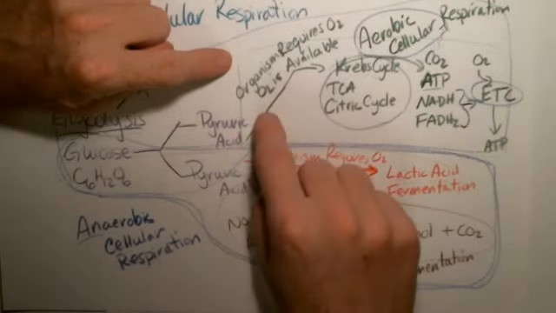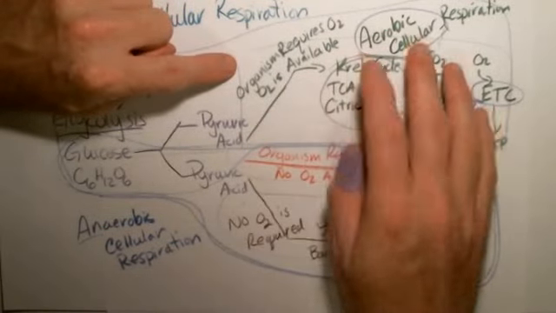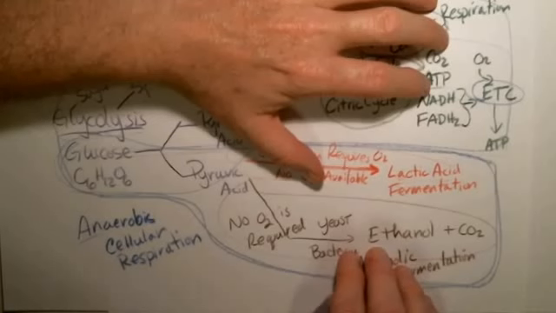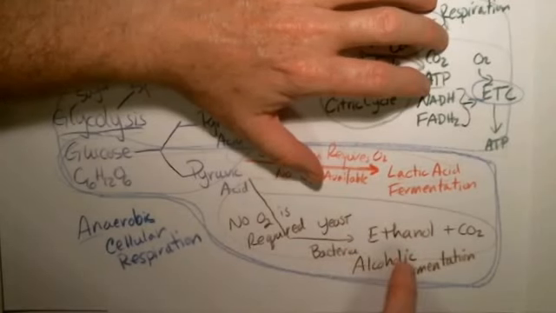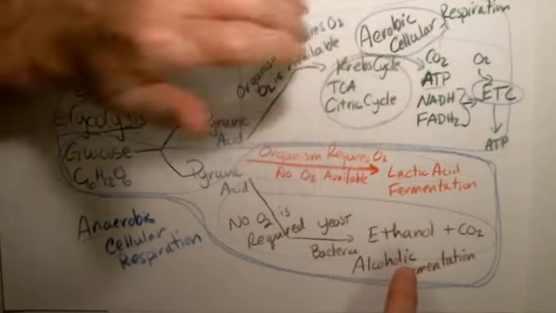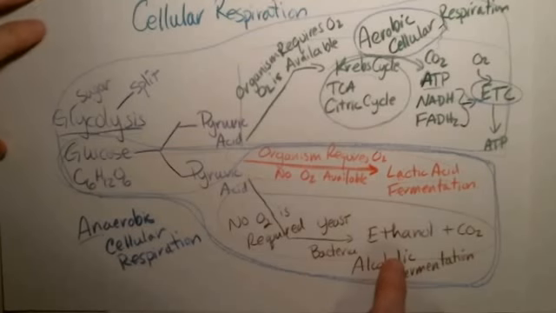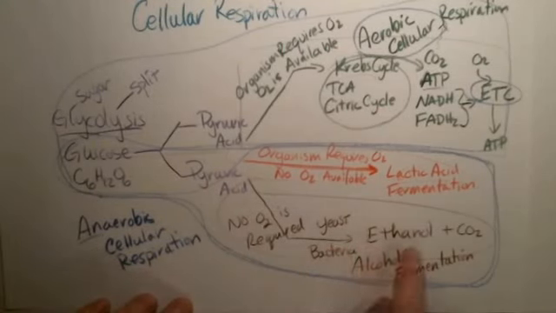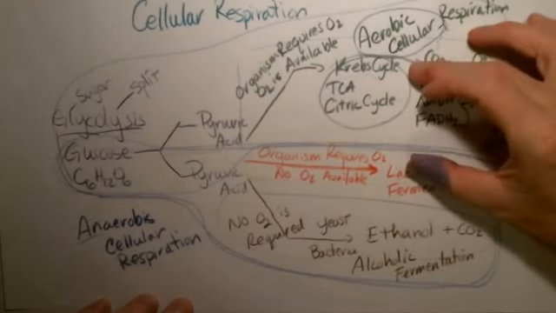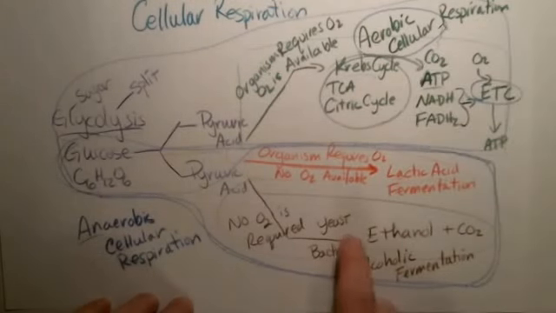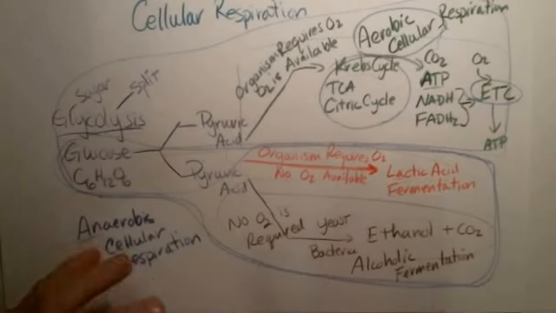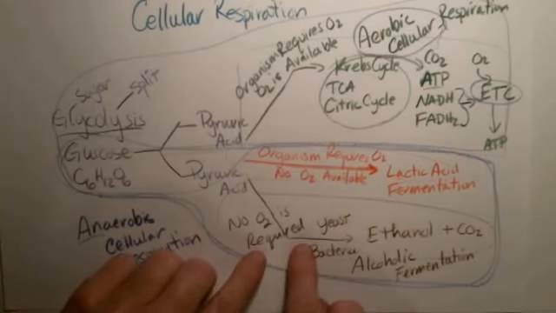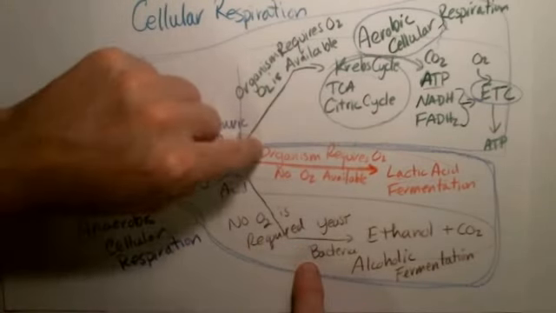If you're an organism that does not require oxygen, then you are only going to be anaerobic, and you're going to go down this pathway. Humans don't do this. Humans don't go through the process that's anaerobic on this end. In other words, you're not going to switch. So you either go through one of these two, or you go through this one. You don't do both. And organisms that do not require oxygen typically do not go up here.